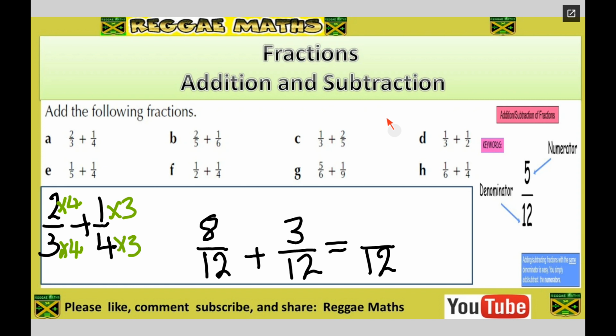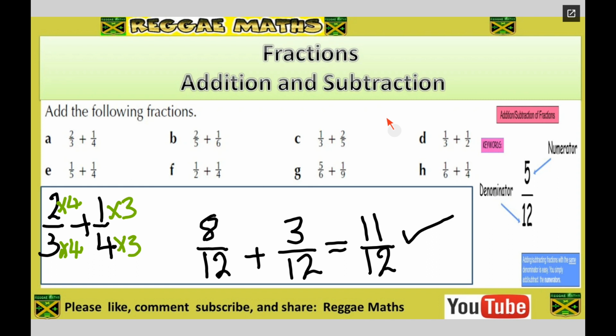The only time you add is when the denominators are the same, so we only add the numerators. 8 plus 3 is 11. Beautiful. The denominator is the same, so that is how you add fractions. Now on to the next question.